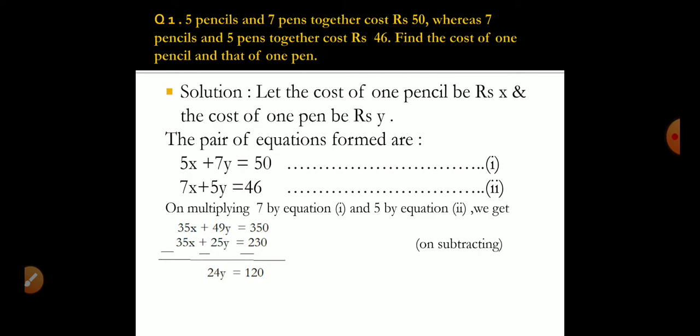On subtracting, the first term will be cancelled and the second term will be 24y, and the term after the equal sign is 120. Okay, 350 minus 230 equal to 120. Then y equal to 120 upon 24 equal to 5.